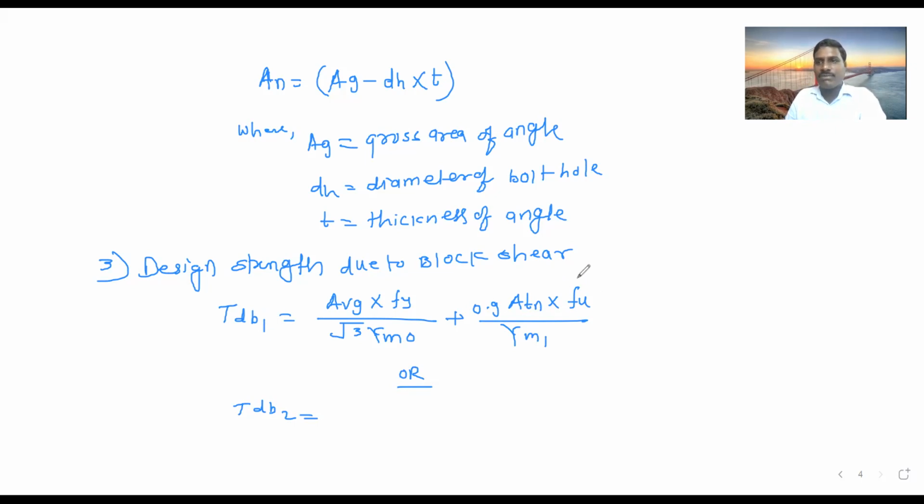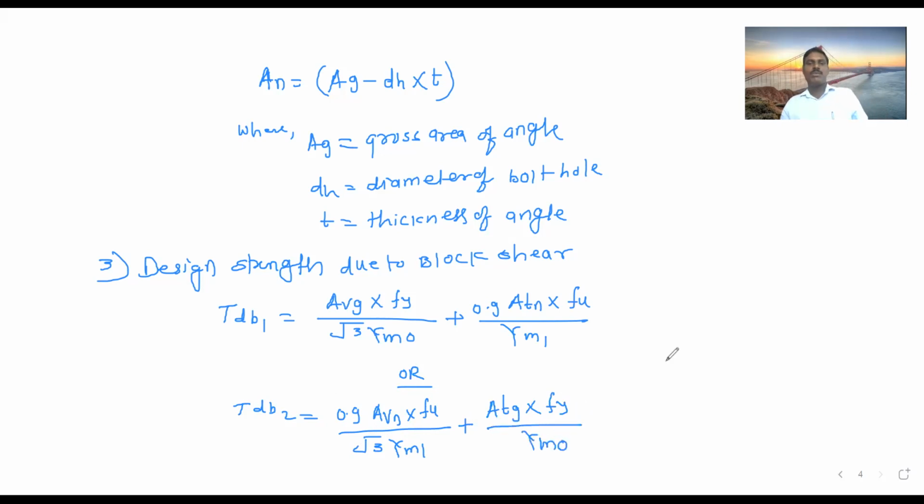So what is block shear? That we will again see, how the section fails due to block shear. So for TDB2, that formula we also have to know: 0.9 into AVN into Fu divided by under root of 3 gamma M1, plus ATG into Fy divided by gamma M0.